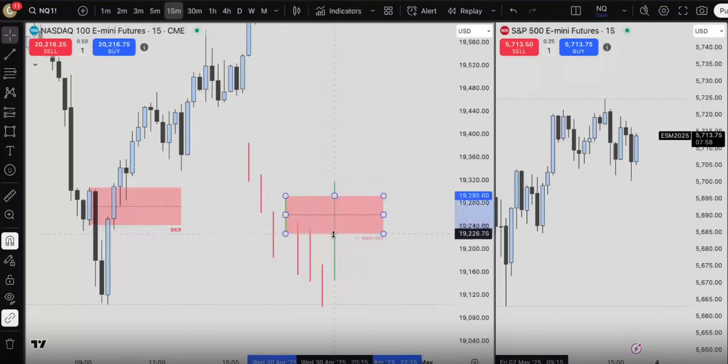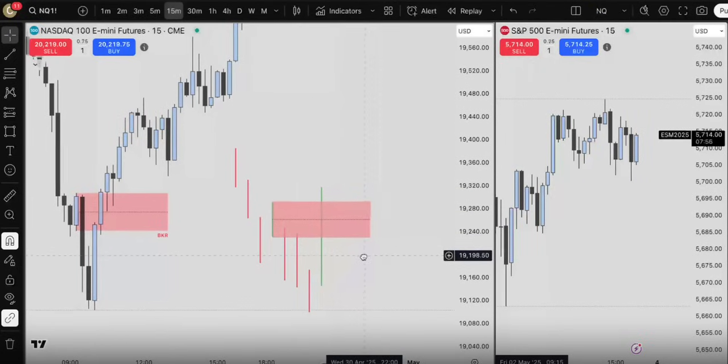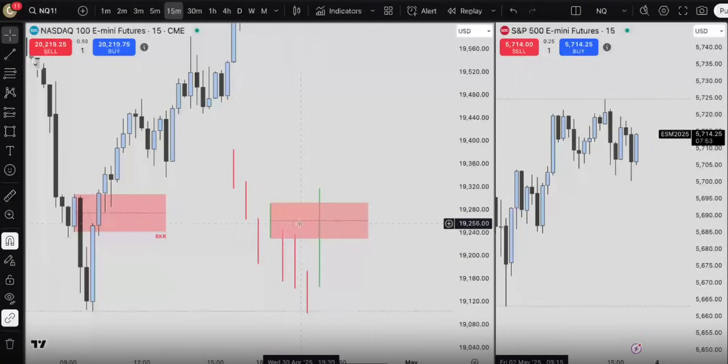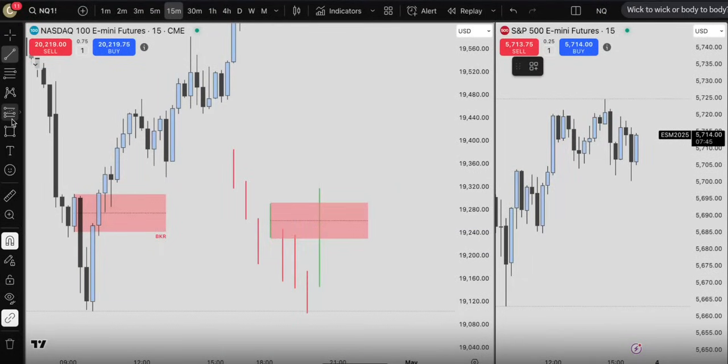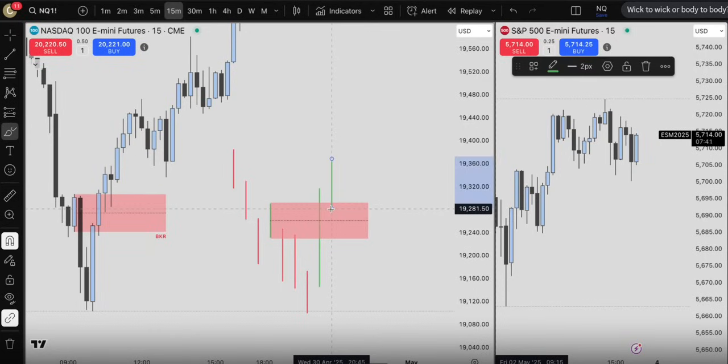Now this candle is a breaker block. And what does price do? Instead of price using the order block down here to continue to the downside, price taps into the breaker block and continues to the upside. You see what I mean?